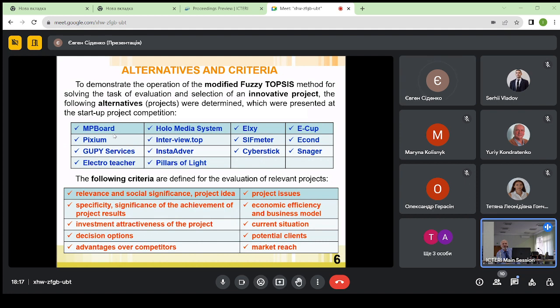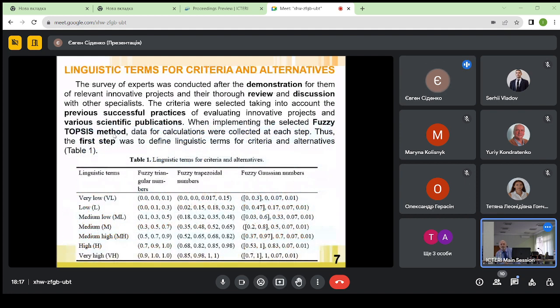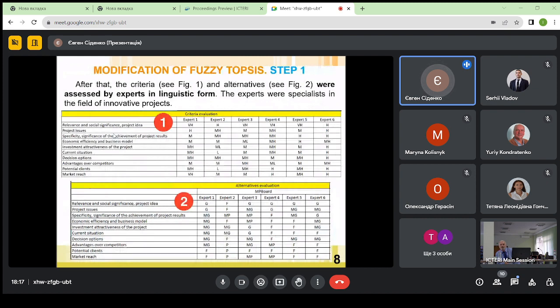How were the proposals presented by data? Our data is experts evaluating each alternative according to linguistic terms which are previously indicated.